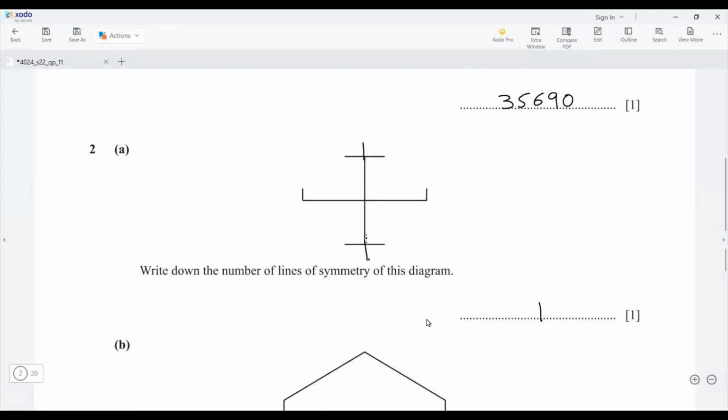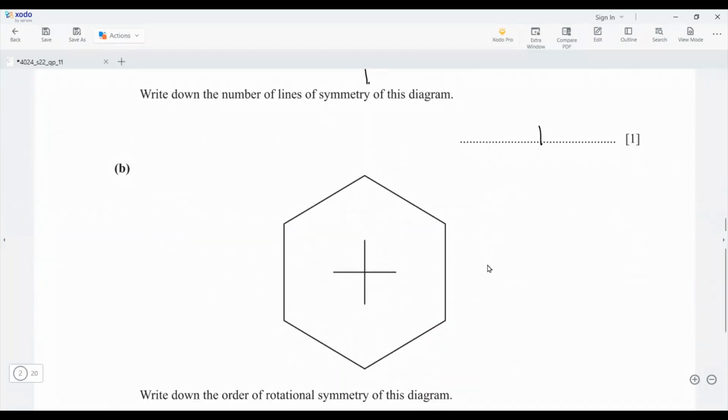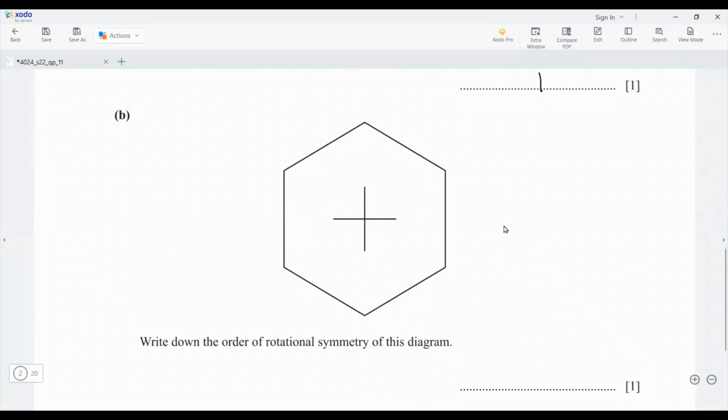Going towards the next part, there is a diagram given, and we have to write down the order of rotational symmetry. What does order of rotational symmetry mean? If we rotate the image, which is already in the question, that will be one order. If we rotate further and it gives the same shape again, it will have order 2.